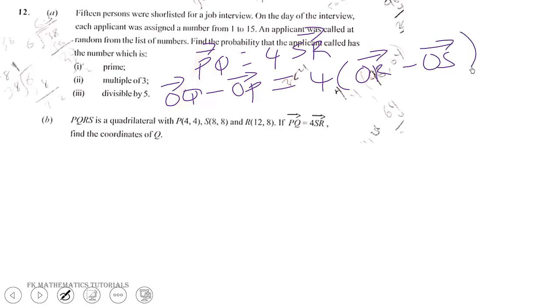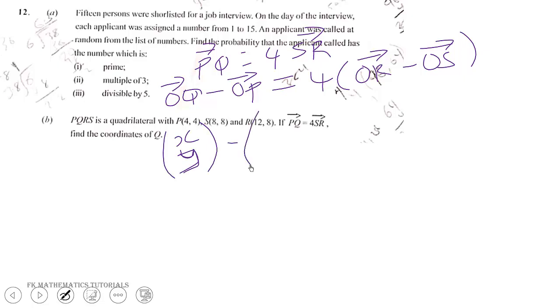So vector OQ, we will write the coordinate of Q as components or in column form. We don't know, so let it be (x, y), minus vector OP.